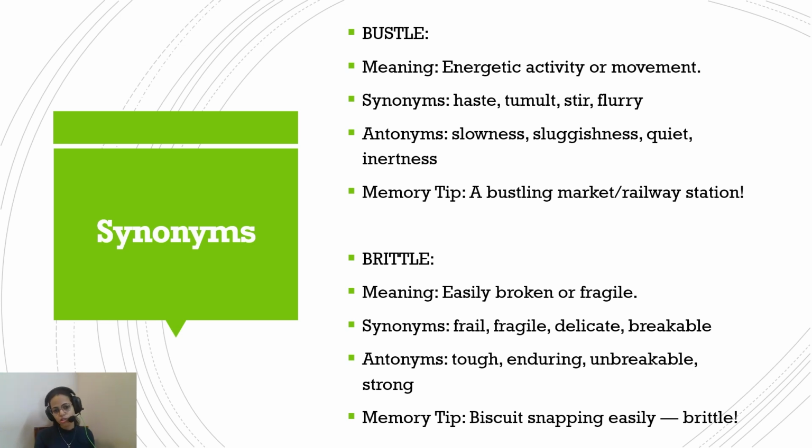For example, when you drop your baggage at airports, you sometimes put a label of fragile on it. If something very delicate is there in your luggage, or you want it to be handled with care, you put a label of fragile on it. So brittle is fragile, frail, delicate, or breakable. The antonym would be tough, enduring, unbreakable, and strong.